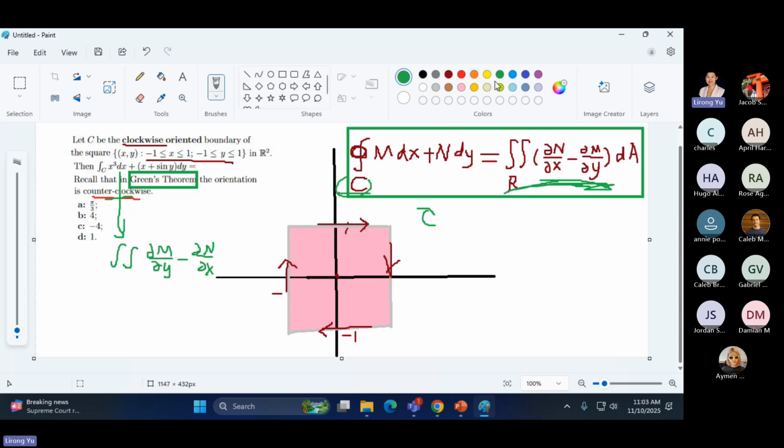You don't have to remember how to convert it. We need to identify M and N in this case. M equals x cubed. N equals x plus sin y.